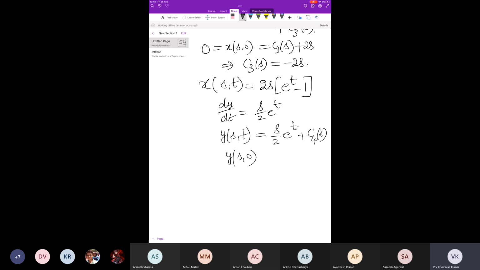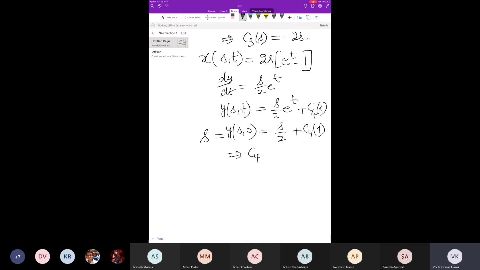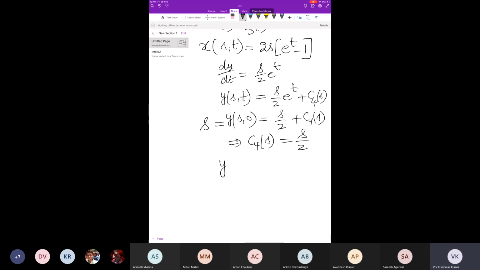Now ys0 is equal to s by 2 plus c4s, but ys0 is s. So this implies c4s is equal to s by 2. So y is s by 2 times exponential t minus 1, plus s by 2. Okay.